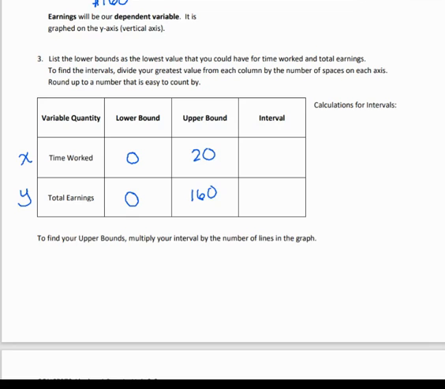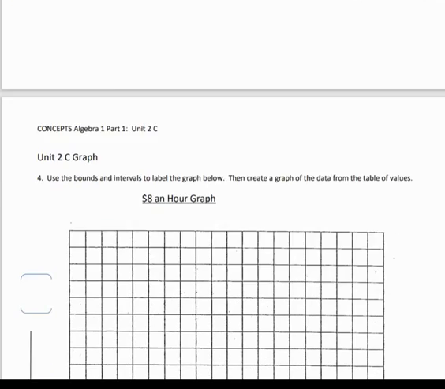So what you're going to do always is you're going to figure out how many lines there are on your graph that you're given. So this is a generic one, but maybe you have graph paper, or maybe you printed out your own graph. So we're going to count on our x-axis how many lines there are. Ready?